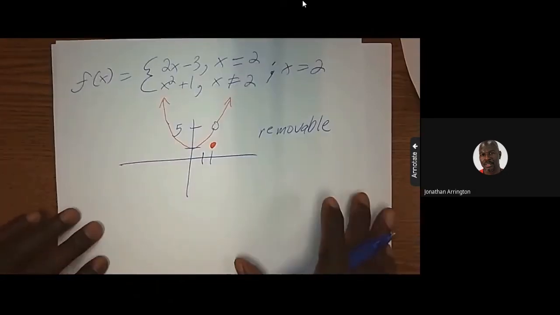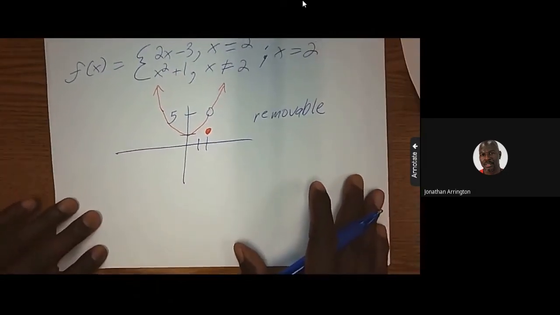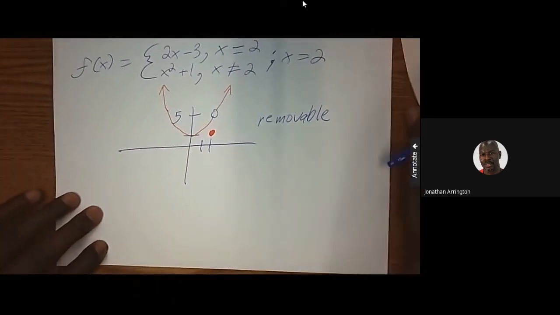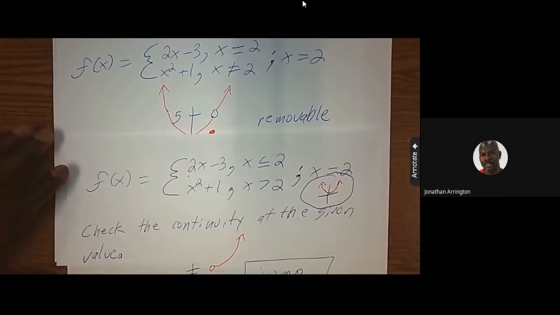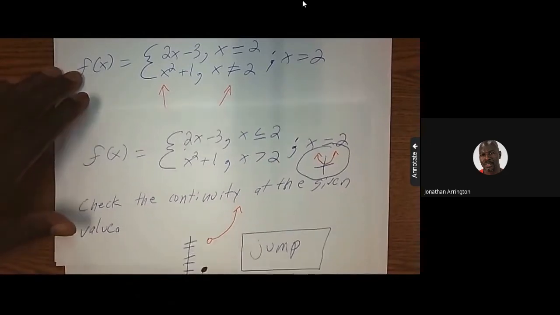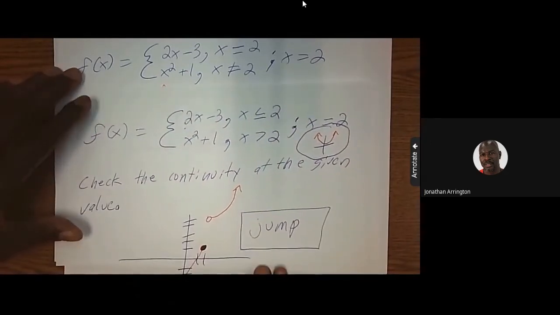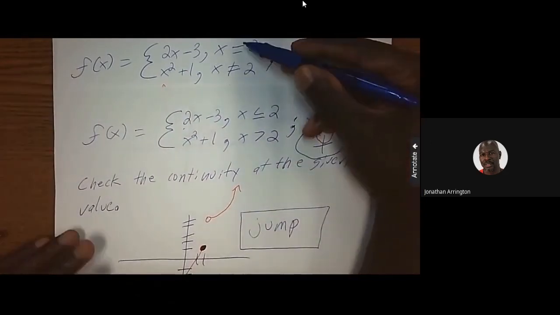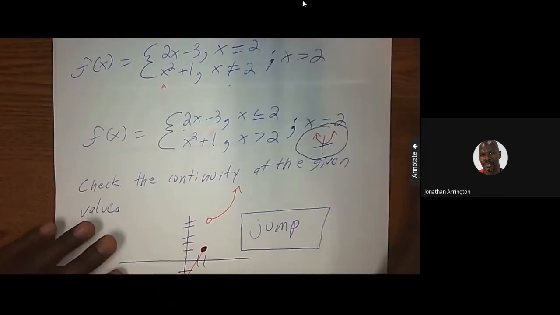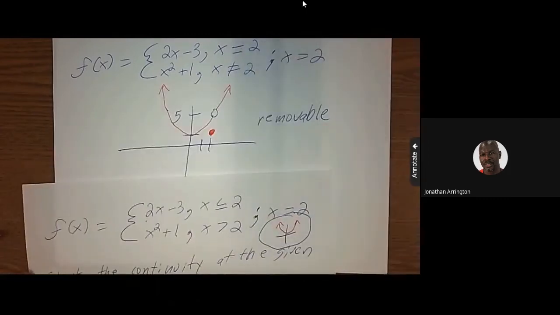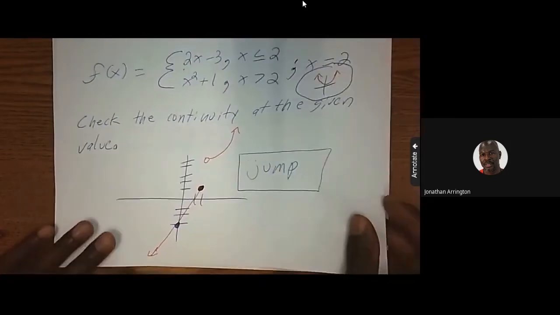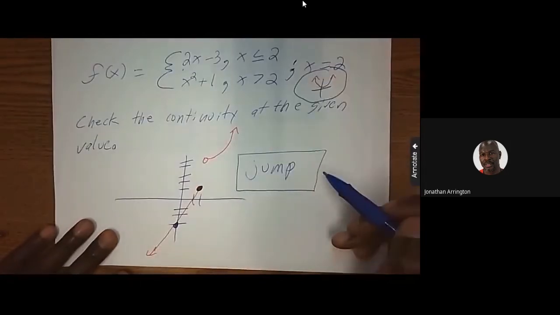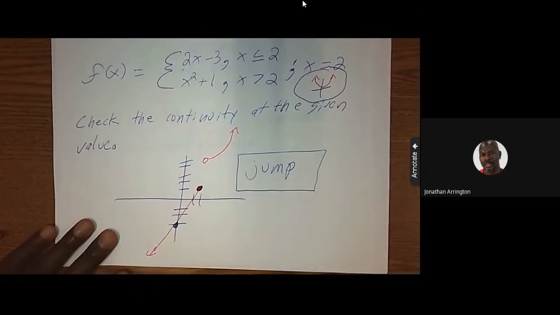And you're not going to find anything a little easier than this. So when you have these piecewise functions, if they give you equals and not equal symbols, you're going to get a removable discontinuity. It's just that simple. If they show you less than, greater than, you're going to get a jump.